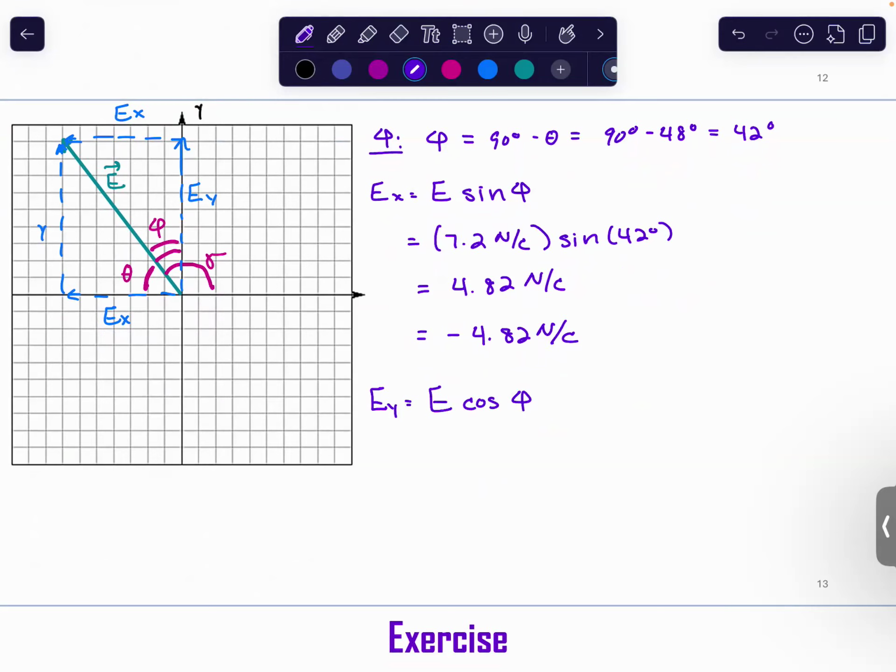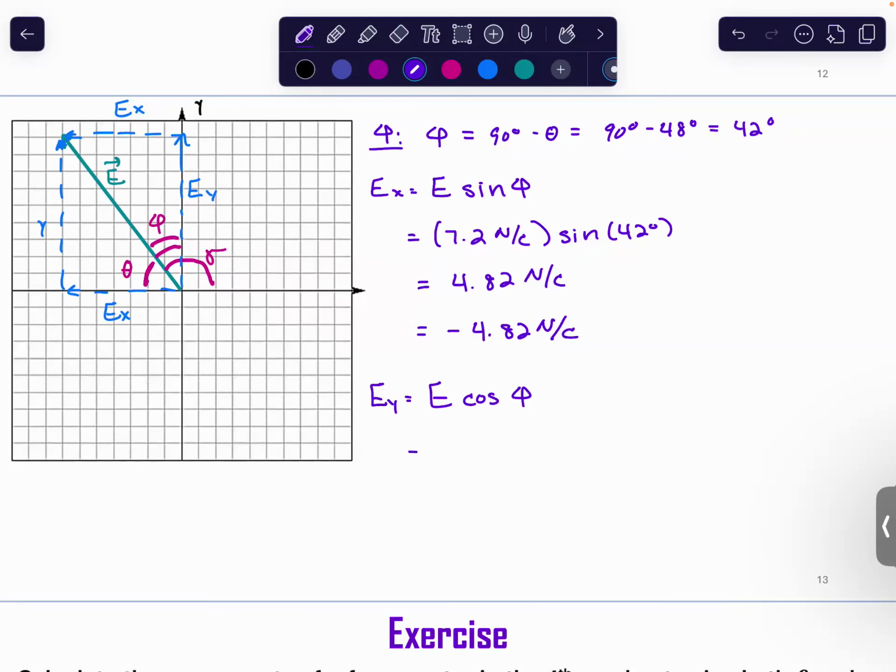I could figure it out using the right triangle, but I already know that X uses sine, which means by default, Y has to use the cosine. So it doesn't matter what angle we use, we're going to get the same components.